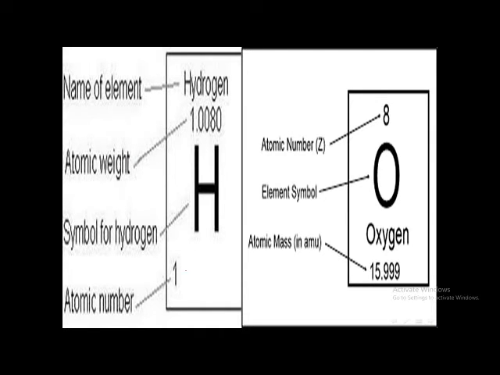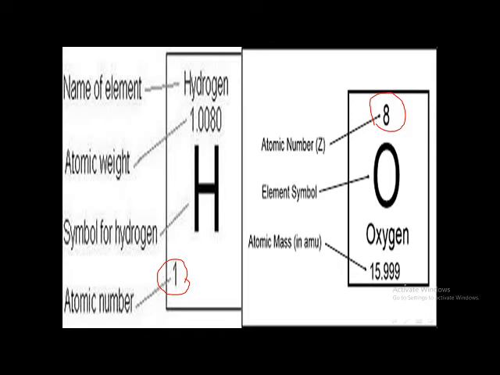We say that the lowest number is the atomic number. So this represents an atomic number, and here this is an atomic number. No matter the location of the number, just the lowest number, and the lowest numbers here are 1 and 8, so that is the atomic number.